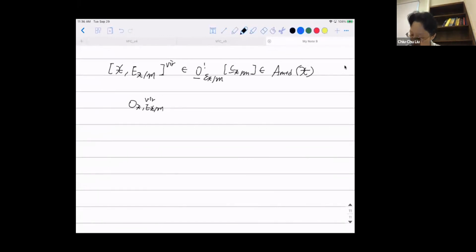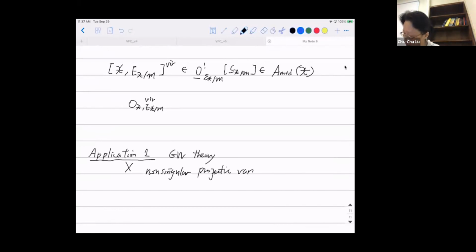So the first application is, of course, Gromov-Witten theory. So let's now assume that X is a non-singular projective, or maybe it's also okay to do quasi-projective.